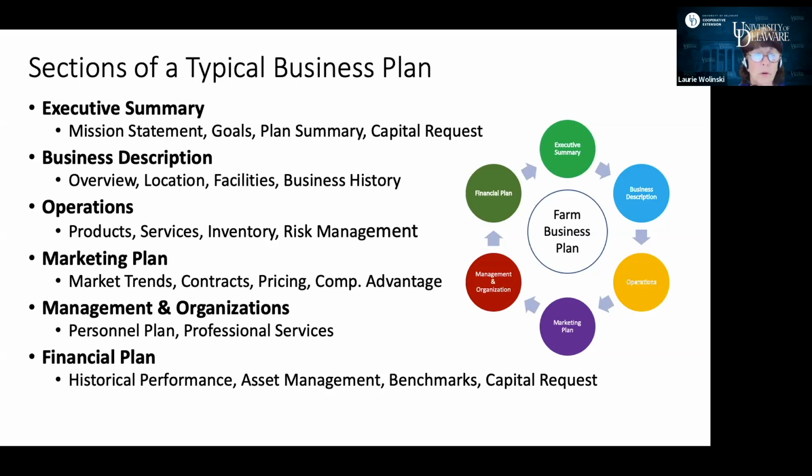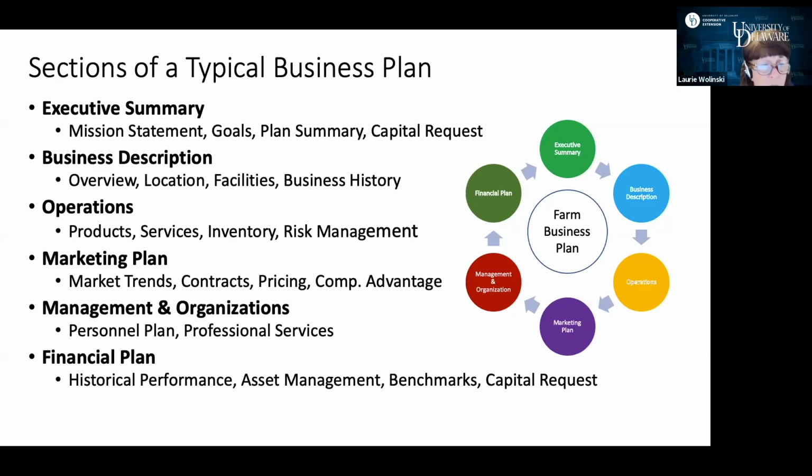It's a very, very important part of the executive summary. Then there's the business description. You actually describe where your farm is, what facilities it has, what buildings it has, and then also a little bit about the business history. So this farm has been in the family for 100 years.